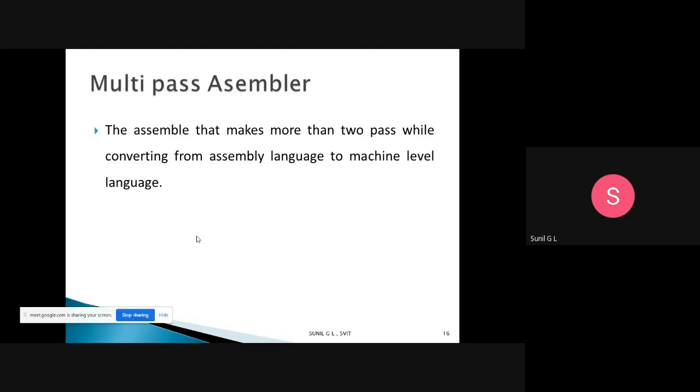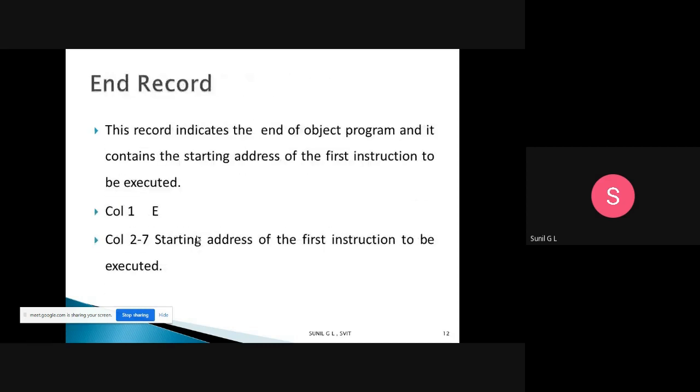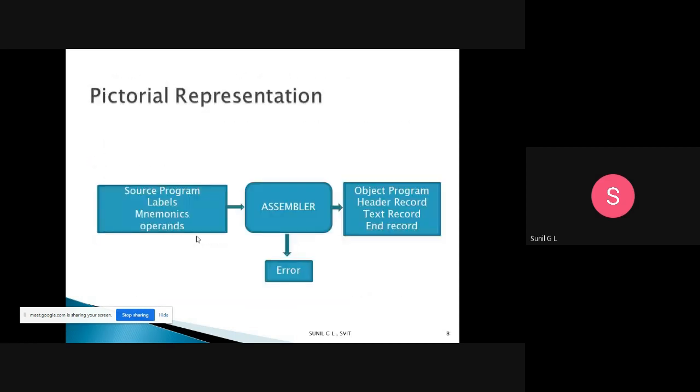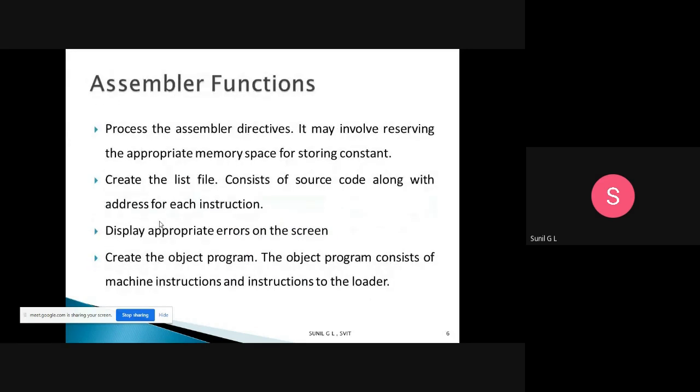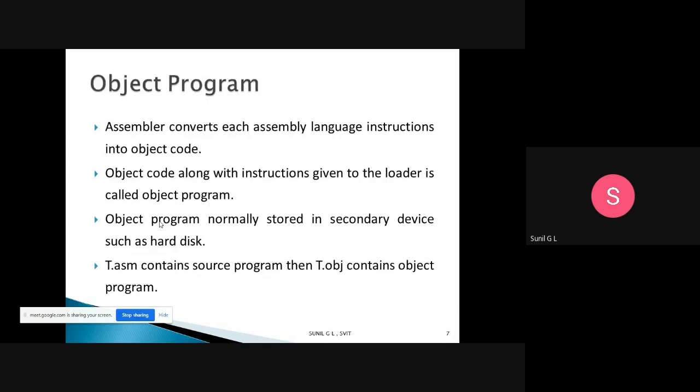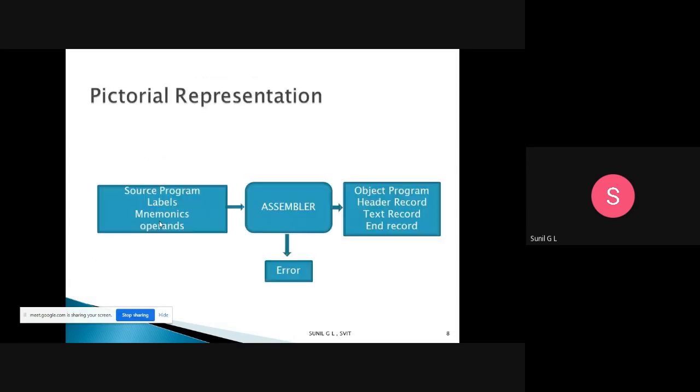In today's class we have discussed what you mean by assembler, the definition of assembler, and what are the functions of assembler. Then what you mean by object program and how we represent that object program, the pictorial representation of object program.